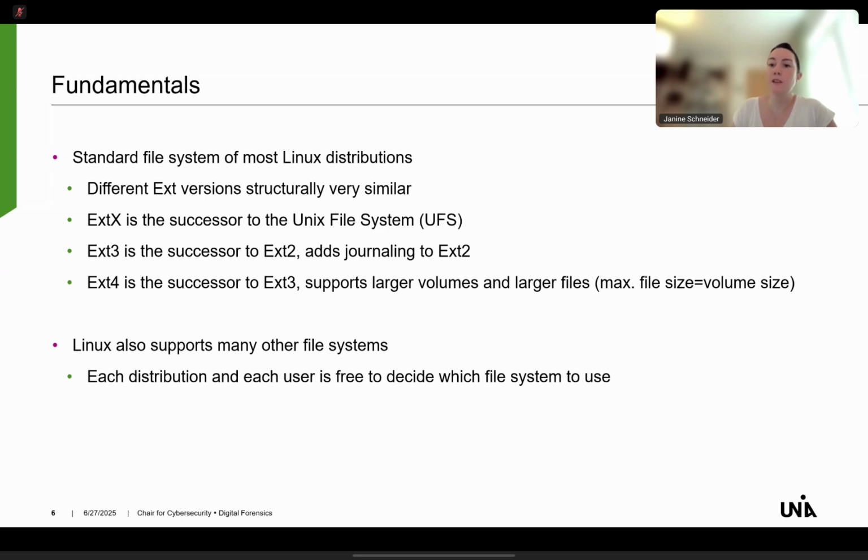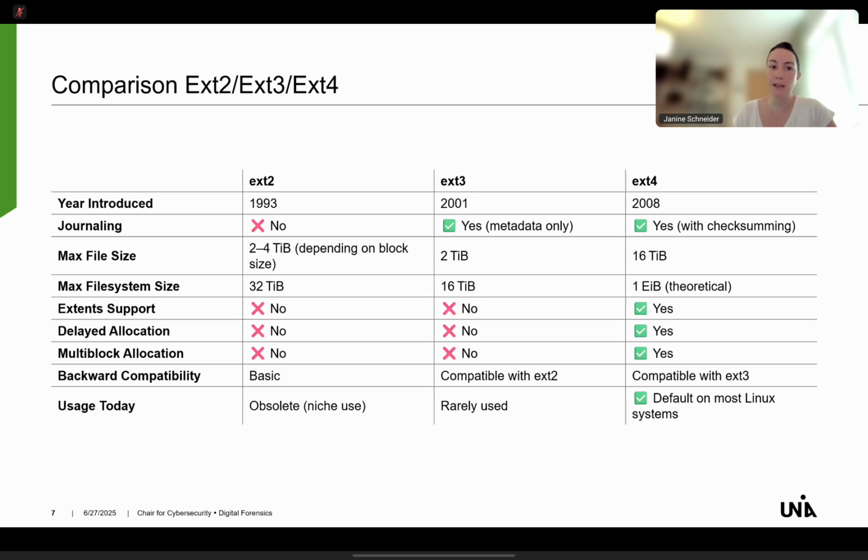Something that is also important to note is that if you want to have a look at the Carrier book after this lecture in order to get more information about the Ext file system, you have to know that since the book is quite old, it only contains Ext2 and 3 and not Ext4. So this is why I tried to come up with that table you can see here, which should give you an idea of the difference between Ext2, Ext3, and Ext4.